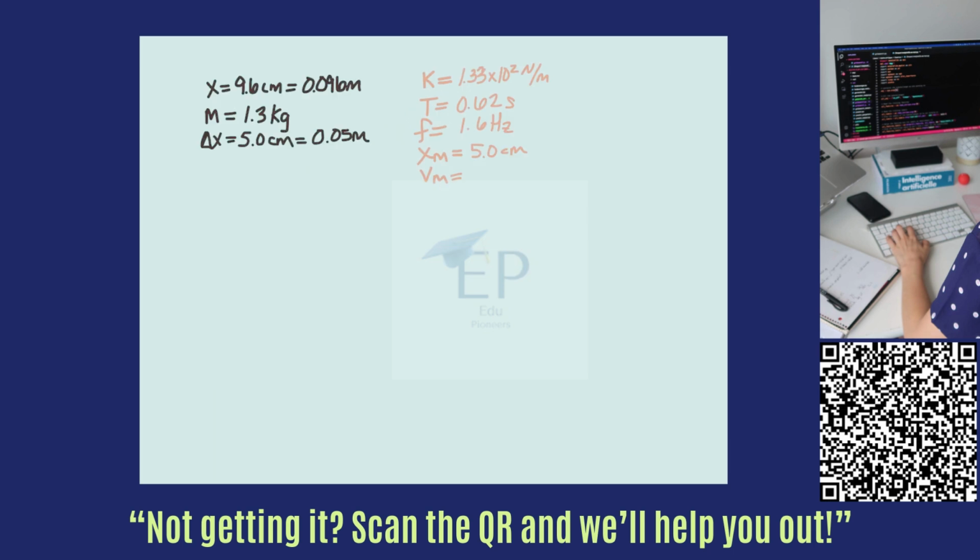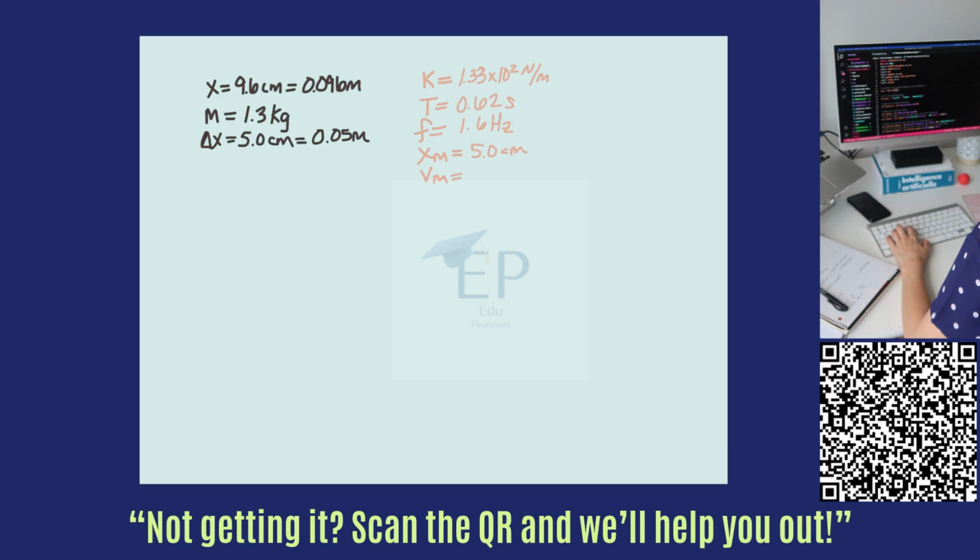The final part of this question asks us to find the maximum velocity that the block will be moving. So we have a couple of things we have to think about. First, the block was at rest, then it was pulled down, and until it was let go and started to oscillate, it had a velocity of 0, and it had a particular potential energy.